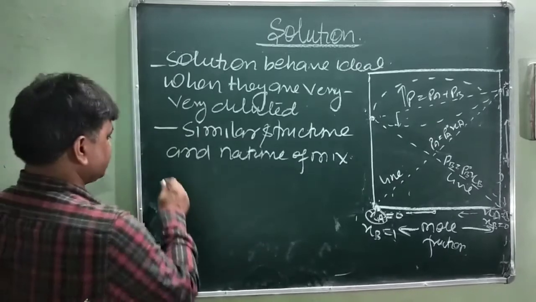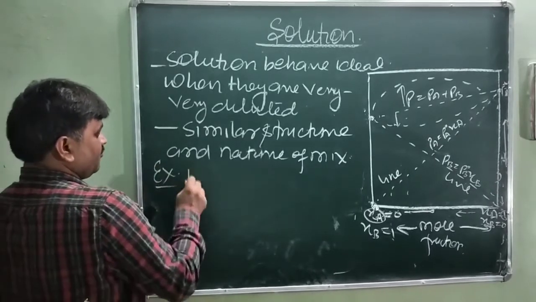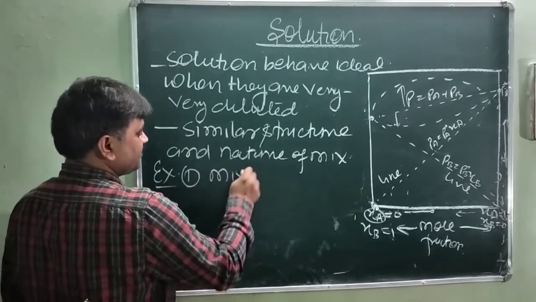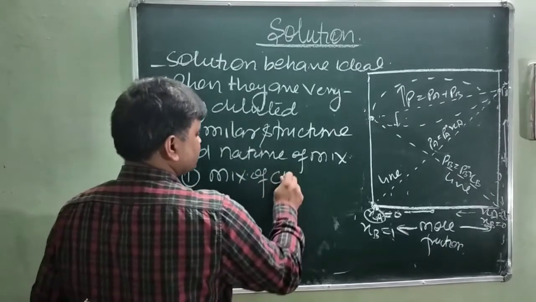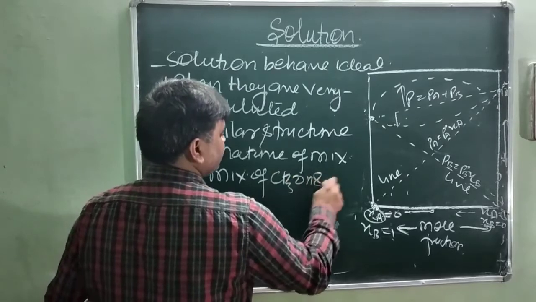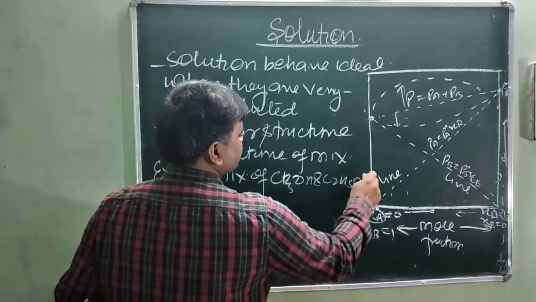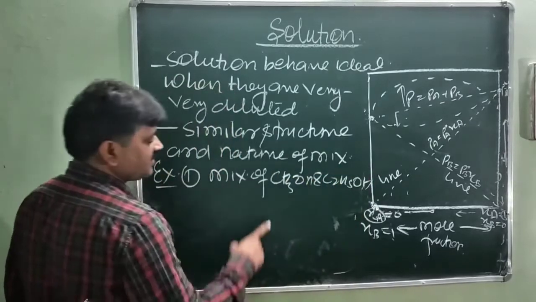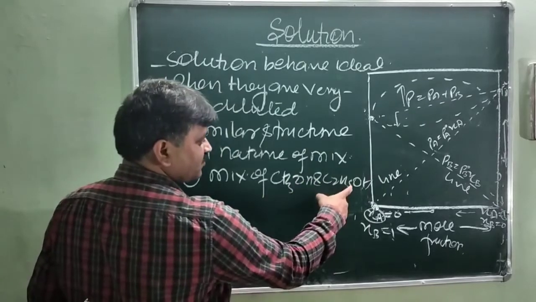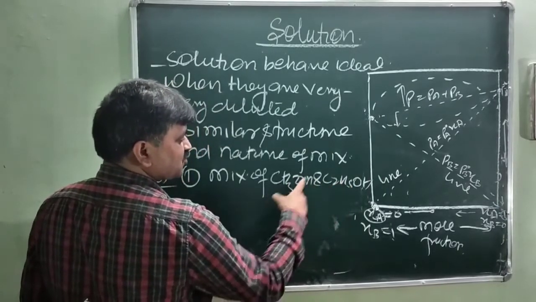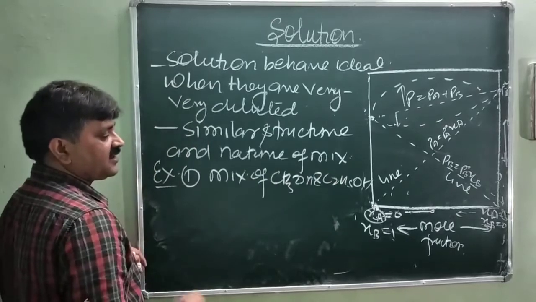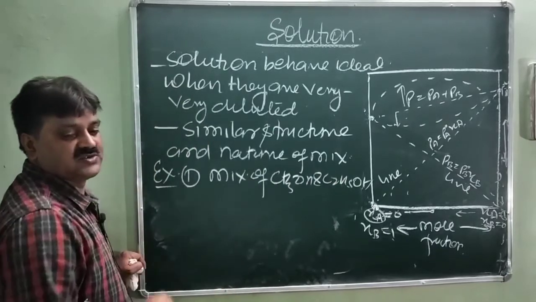Just like examples, a mixture of methanol and ethanol, CH3OH and C2H5OH. In the mixture of methanol and ethanol, you will see the same functional group, the OH group and OH group, and this shows the ideal solution, ideal behavior.